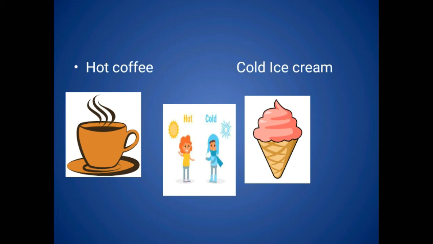So in this lesson we are going to talk about heat and cold. What causes substances to be hot, what causes them to be cold, and how do we measure their hotness and coolness. So in the first situation it is very hot, and in the second situation it is very cold.